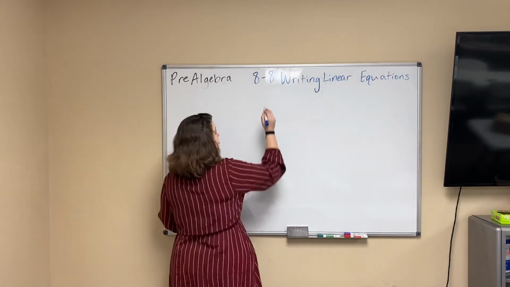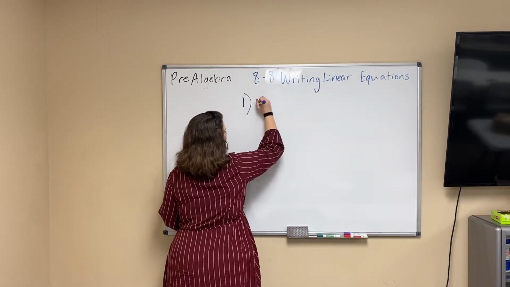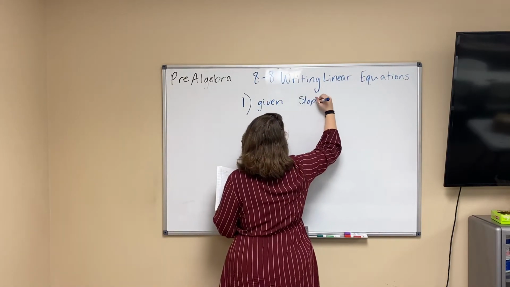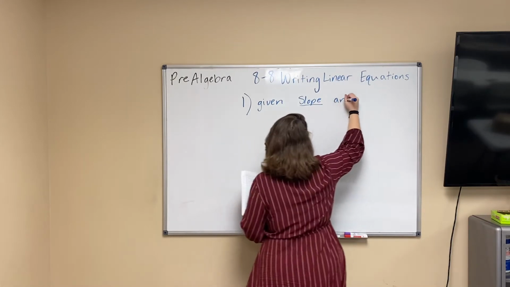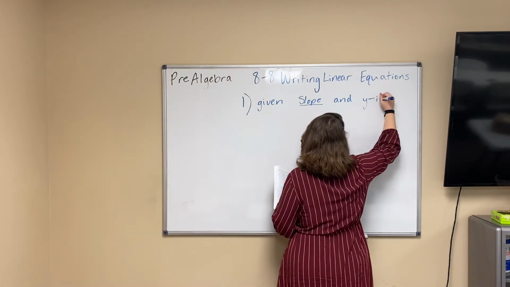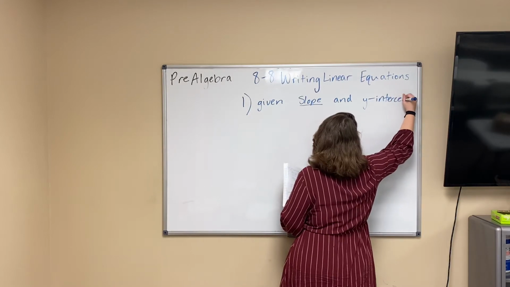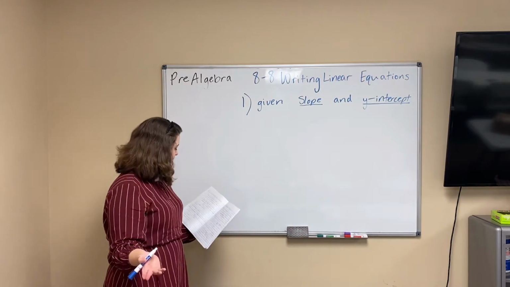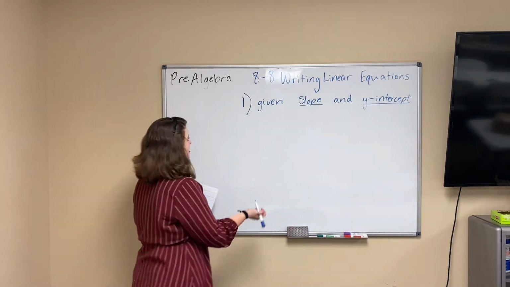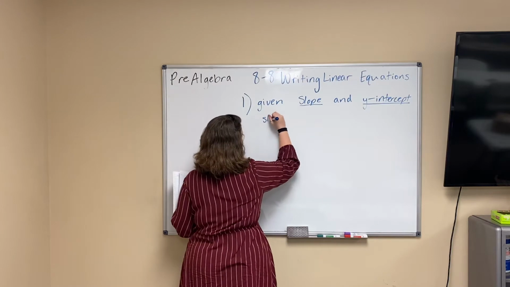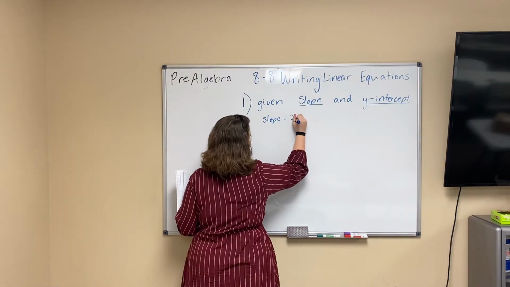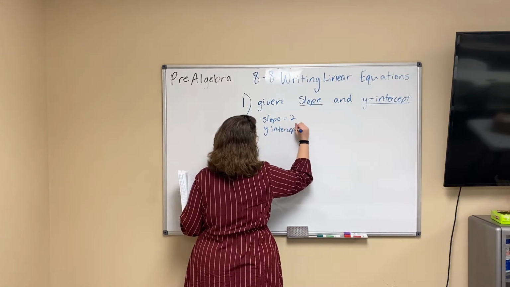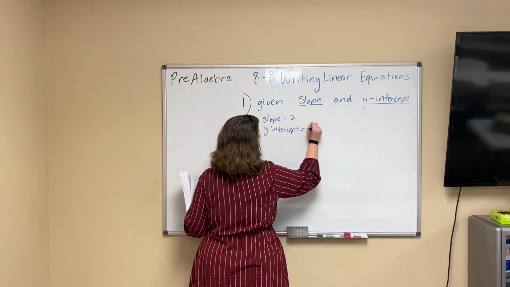Okay, so the first scenario is you're going to be given your slope and your y-intercept. We had some practice with that yesterday. It'd be if I said your slope equals 2 and your y-intercept equals 5.